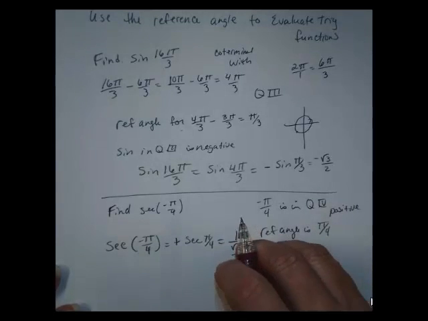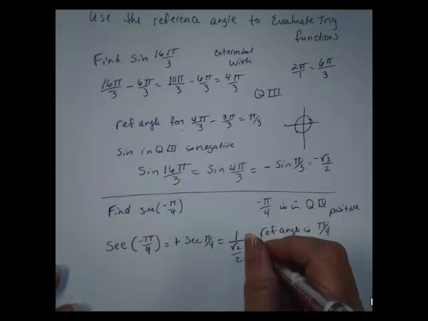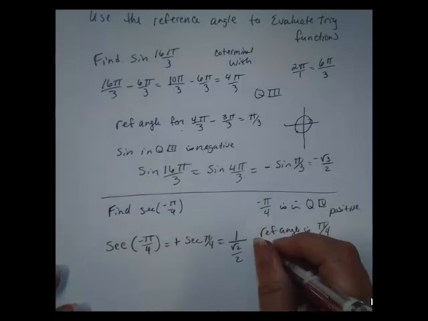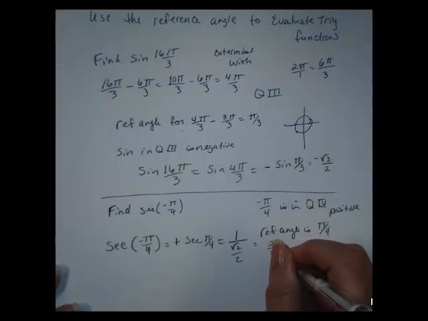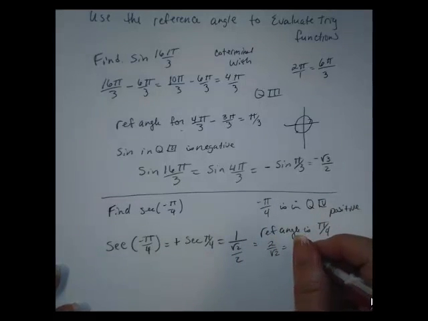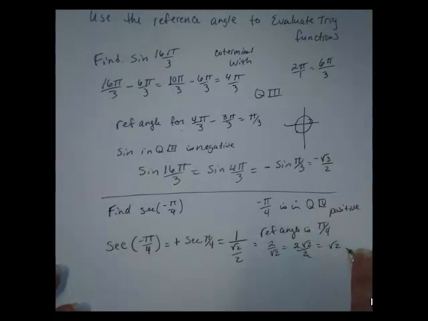So if we multiply by the reciprocal, we get 1 times 2 over the square root of 2, which we could rationalize to be 2 square root of 2 over 2. This will then cancel, the 2's will, and we'll have the square root of 2.